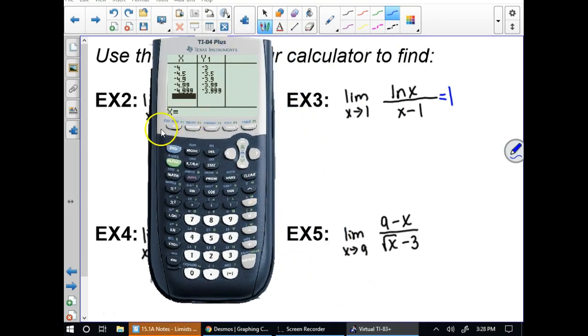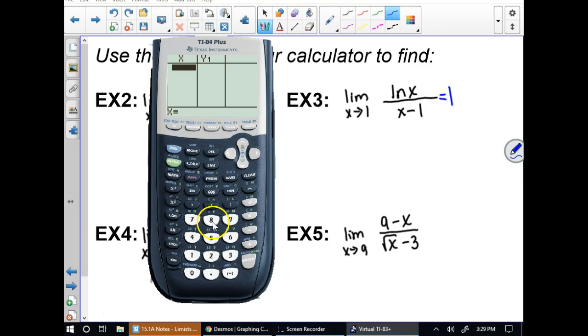Okay. This last example we have here, you might need to be a little careful typing in. You've got 9 minus x divided by, you need parentheses around the denominator, and you'll have square root of x. Close that parentheses, minus 3. And if we go to our table, let's delete out what we already had. We are doing the limit as x approaches 9.